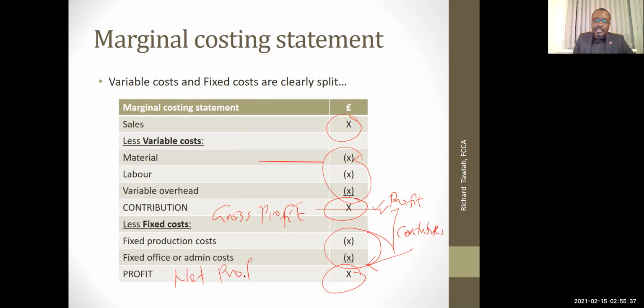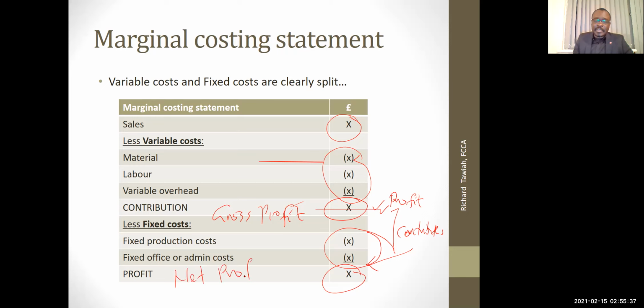For marginal costing, that's not what happens. Marginal costing only looks at the variable cost of production and includes it in the cost of the product. Why? Because marginal costing is looking at relevant cost, so we do not include irrelevant cost in the product cost. We only look at the variable cost.